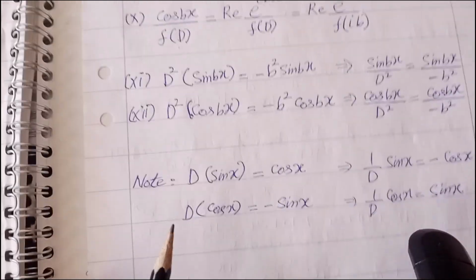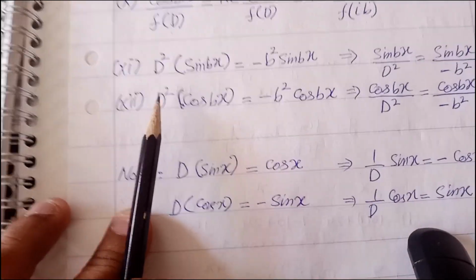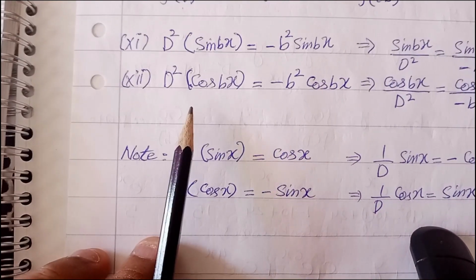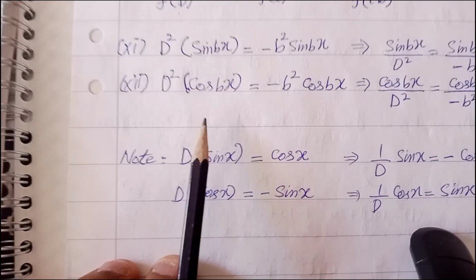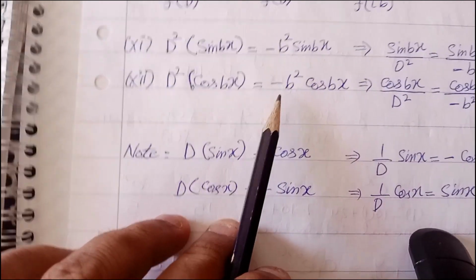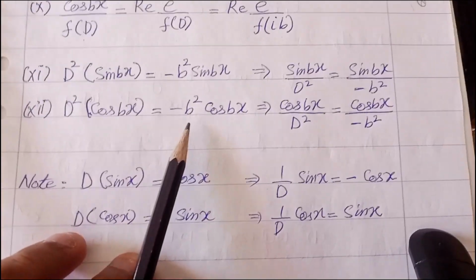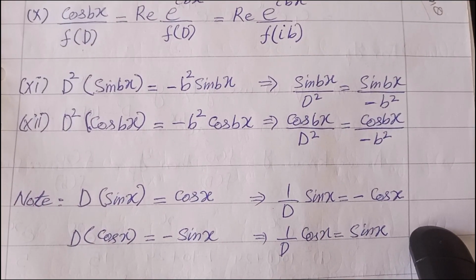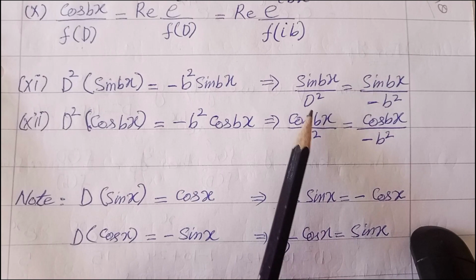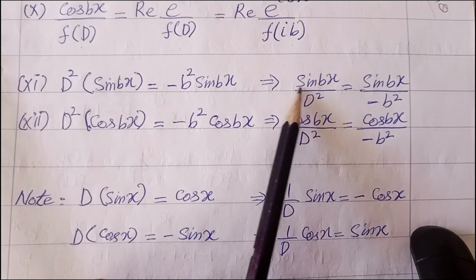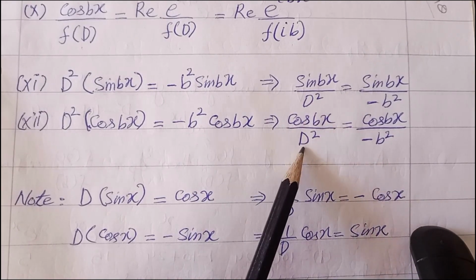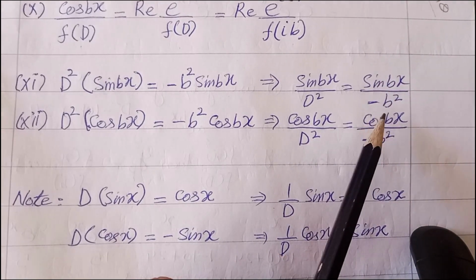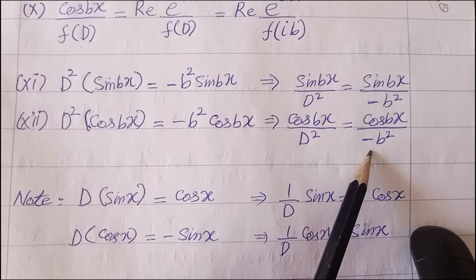Directly, when we have d square of sine bx or d square of cos bx, in both cases the solution becomes minus b square sin bx or minus b square cos bx. So when we have d square in the denominator, with sin bx upon d square or cos bx upon d square, the solution becomes sin bx upon minus b square and cos bx upon minus b square.